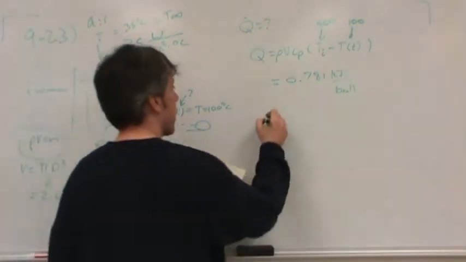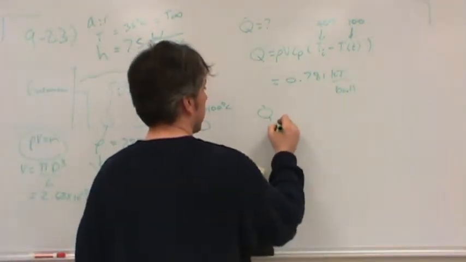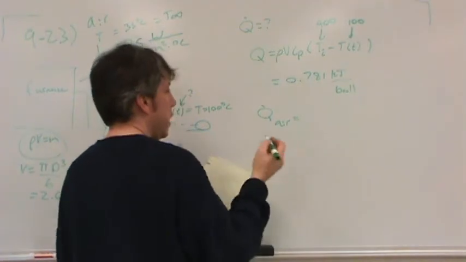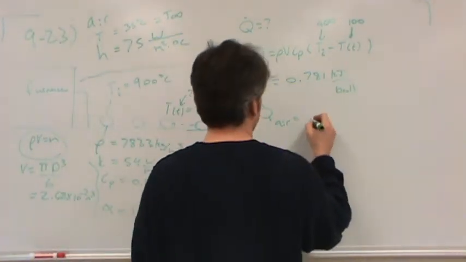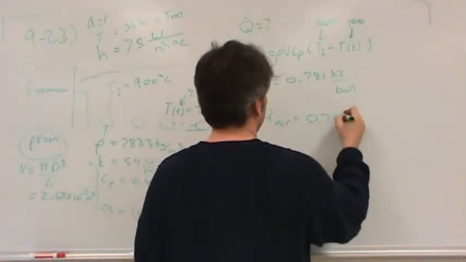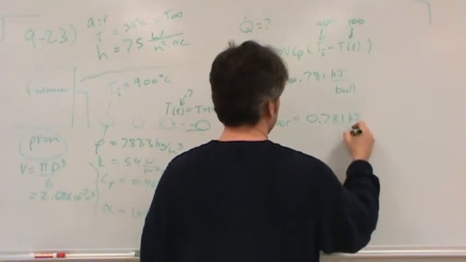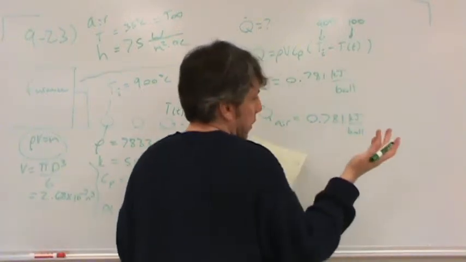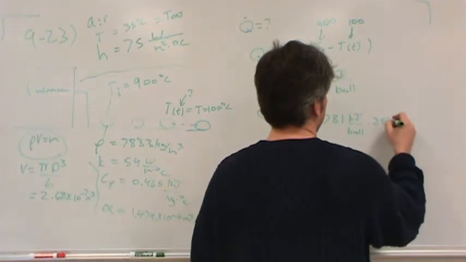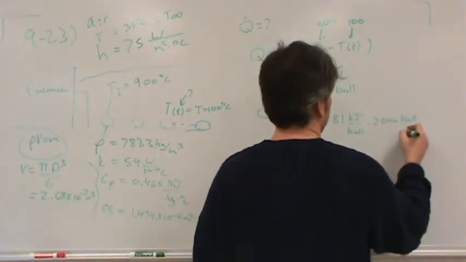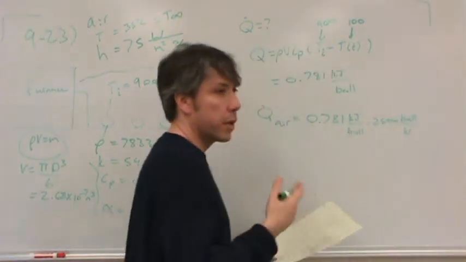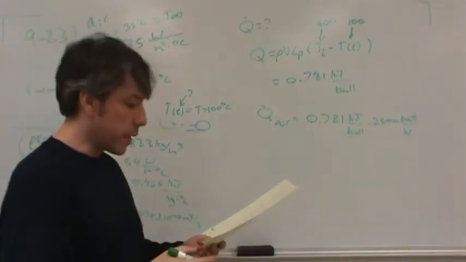Now, the heat flow rate into the air would be equal to the heat that each ball gives off times the number of balls per time, which is 2,500 balls per hour. See how we get kilojoules per hour, which is a power, it's a flow rate?